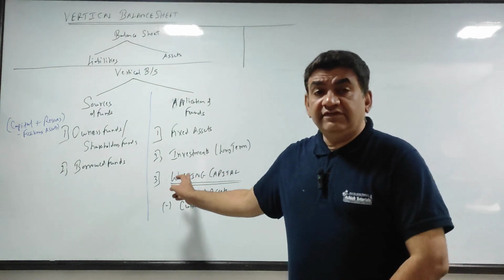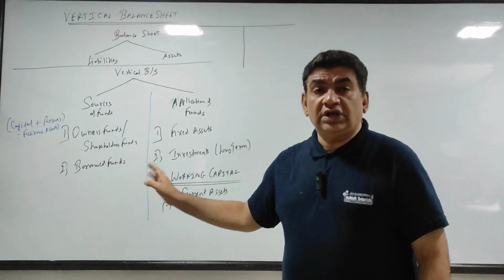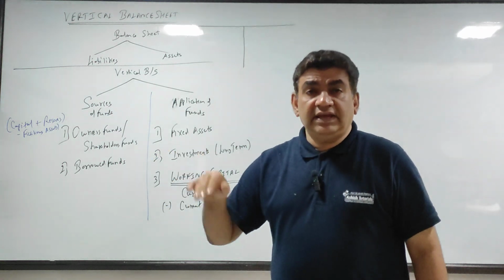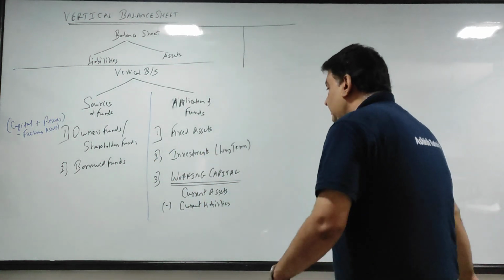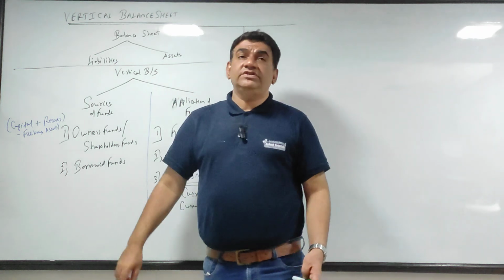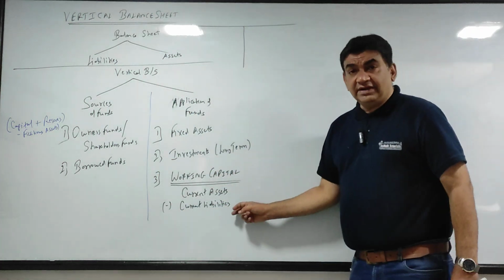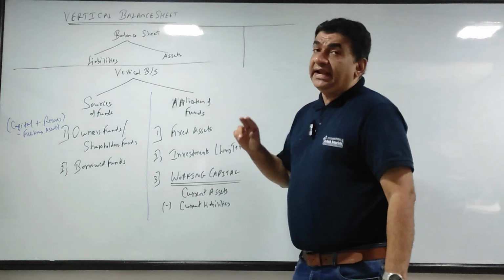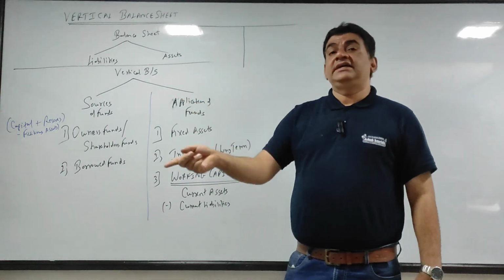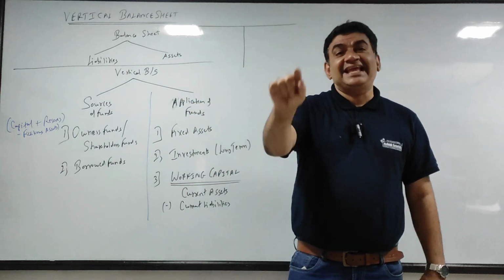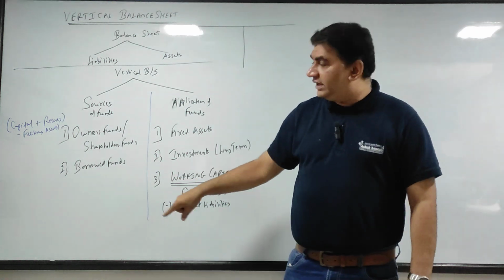As I told you, investments if sold after 1 year are long term, if sold before 1 year then short term. Similarly, liabilities which are to be paid within a period of 1 year are current liability, and which are to be paid after a period of 1 year, that is long term liability. And I was waiting for this point to come.